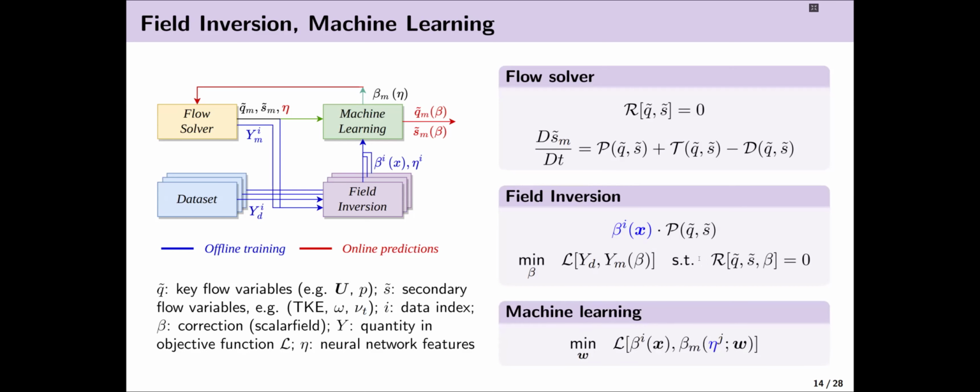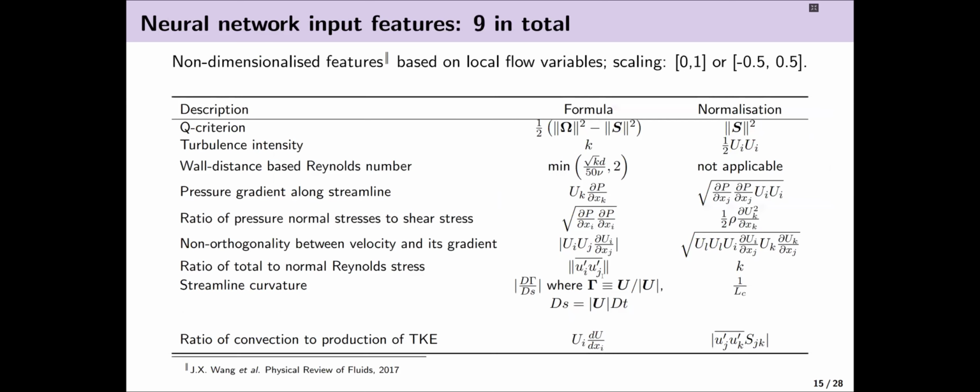And then machine learning is another optimization problem on top of that, where the beta field, the correction field that we had, which is a spatial field, we change it into a function of local flow variables. And we've seen this already in the previous presentations.